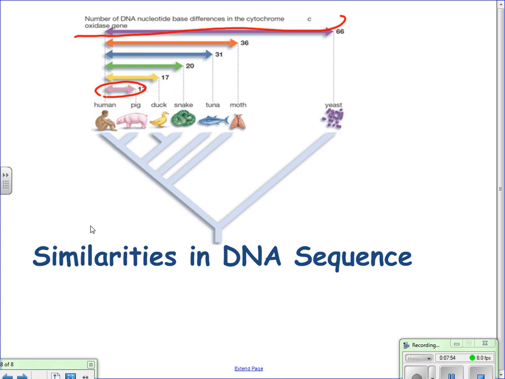Human and a duck, there's only 17 bases difference. Human and yeast, which is one of the lower organisms that we have on the planet, there's only 66 nucleotides. That's the difference between a human and a yeast looking at that particular gene. Really good example of common ancestry. So that's supporting evidence that we have for the theory of evolution.